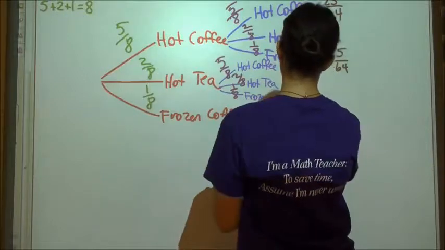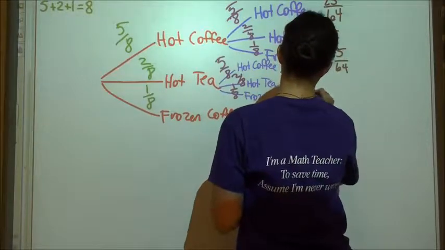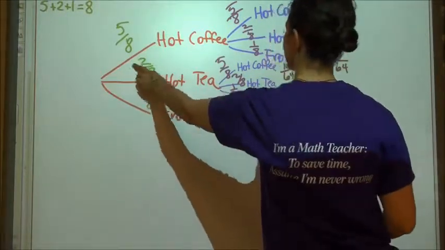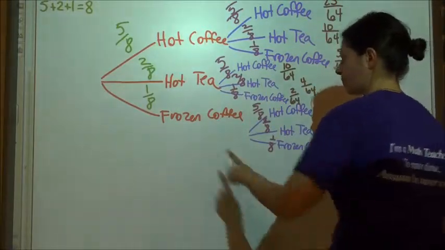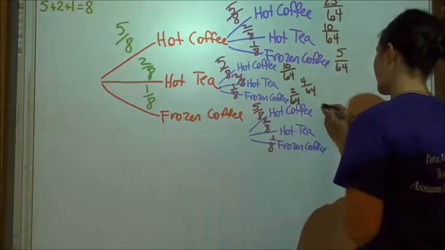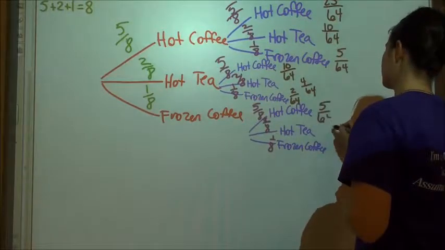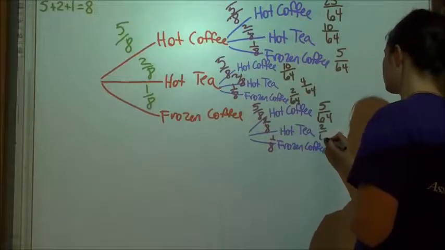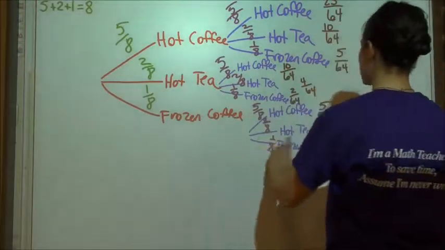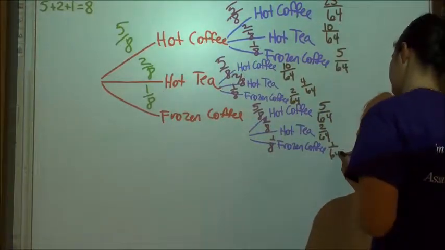And then 2 times 2, which is 4. And then 2 times 1, which is 2. And then 1 times 5, which is 5. 1 times 2, which is 2. And then 1 times 1, which is 1.